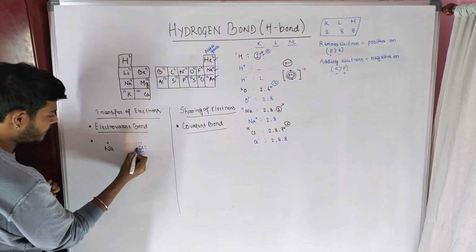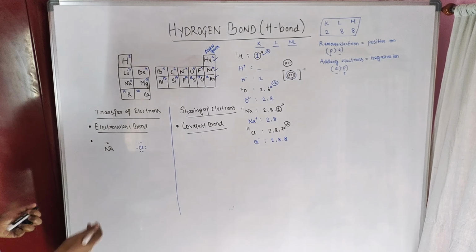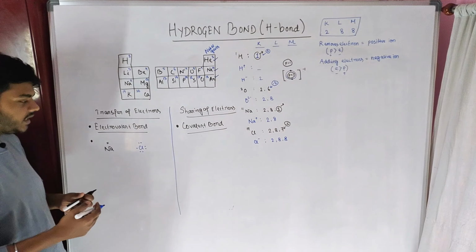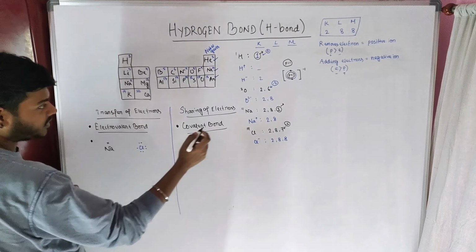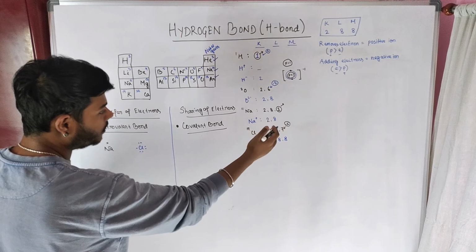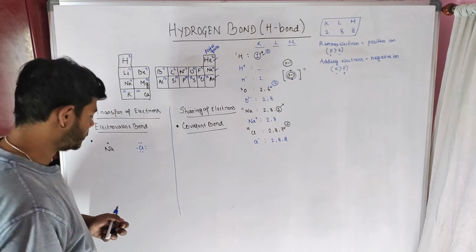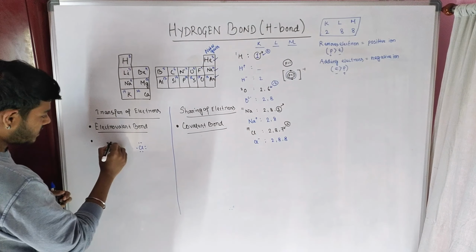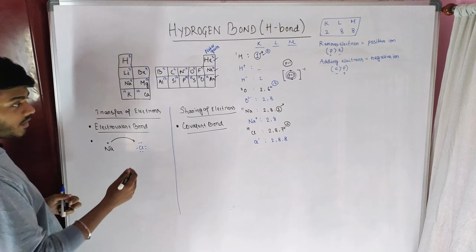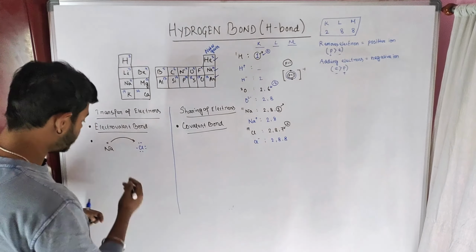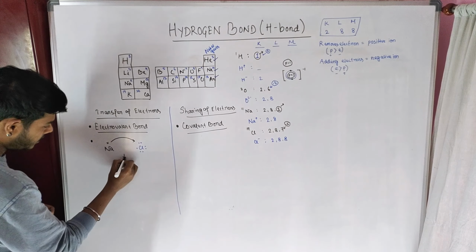I am using a different symbol, dots for chlorine and X for sodium, just to differentiate whose electron it is.